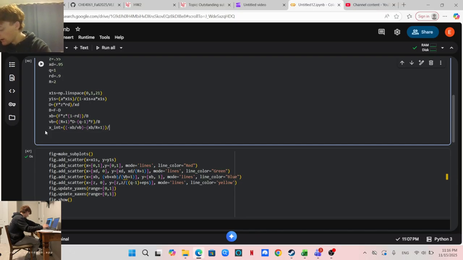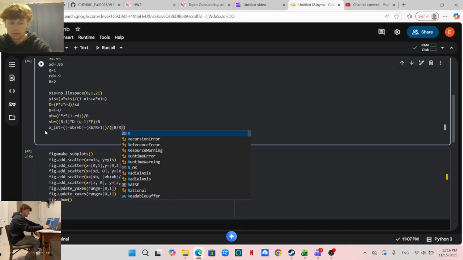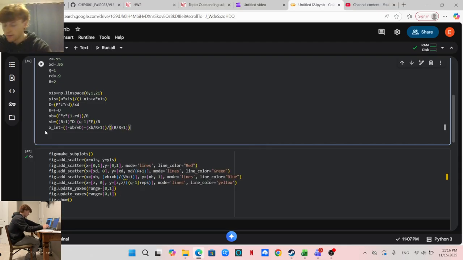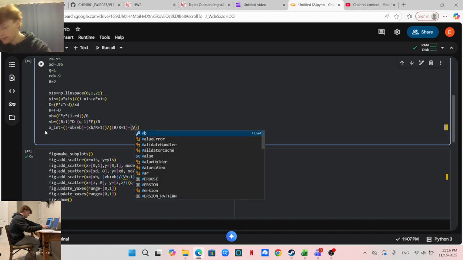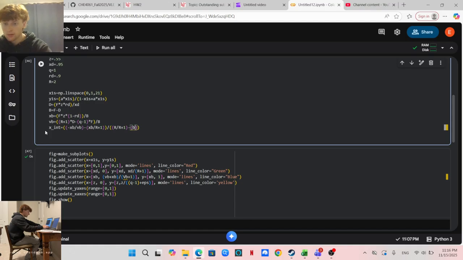And then this is all going to be divided by r divided by r plus 1, and then minus our b plus 1 divided by bb. Make sure this all has parentheses around it.